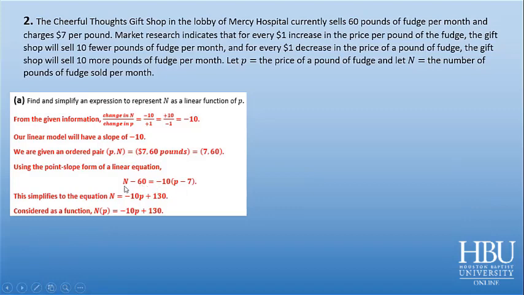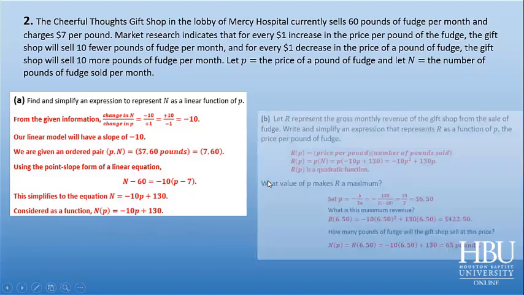If you multiply that out and solve for N, you get N is equal to minus 10P plus 130. Considered as a function, N as a function of P, the number of pounds as a function of the price, is equal to minus 10P plus 130.